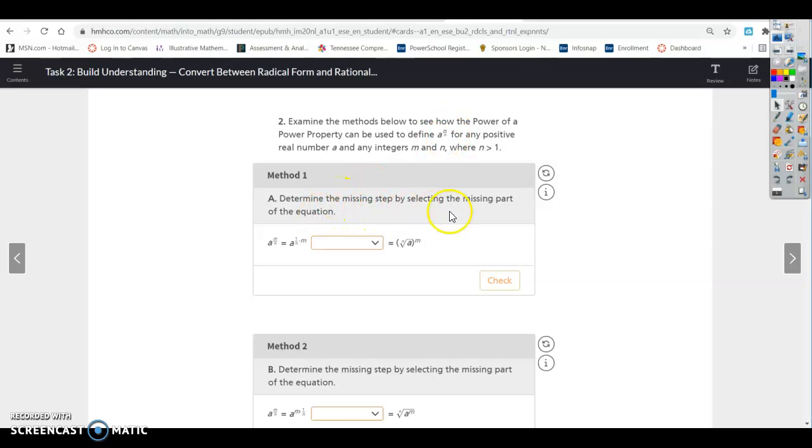All right, so determine the missing steps by selecting the missing part of the equation. So we've got a raised to the m over n power, and that equals a to the 1 over n times m. So what they did is just break this into two parts, because you can write m as m over 1, and you wrote this as 1 over n. So that's just changing this into a power of powers property. All right, so then they're going to convert that to nth root of a to the m, and it says select the missing step in between.